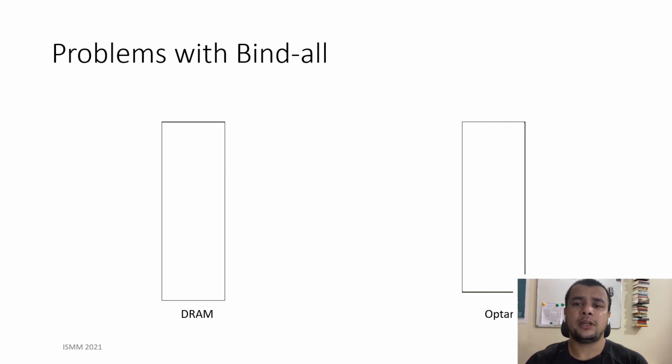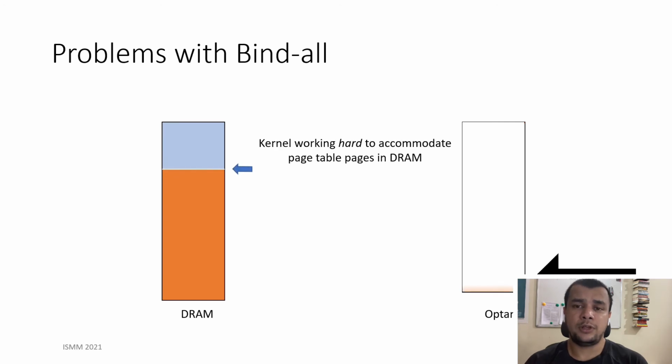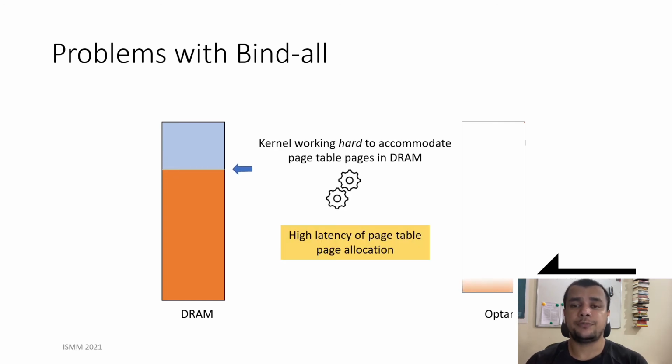In bind-all, as all page table pages must be allocated from DRAM, suppose we are allocating memory more than DRAM. Initially, all the data and page table pages allocation happens from DRAM. However, once the DRAM is full, the data allocation spills over to Optane. However, in this setting, page table allocations are not allowed to spill over to Optane.